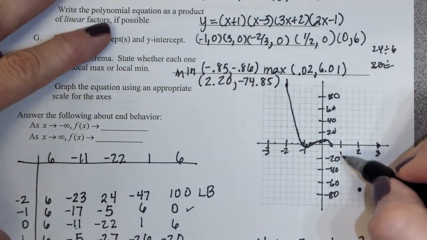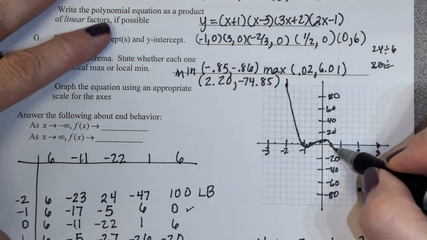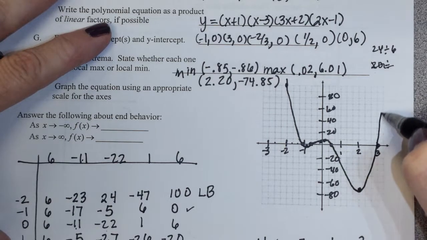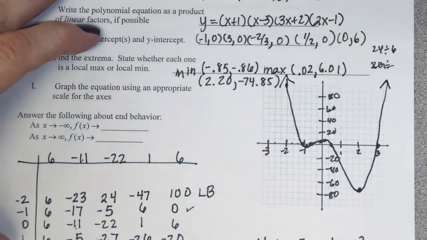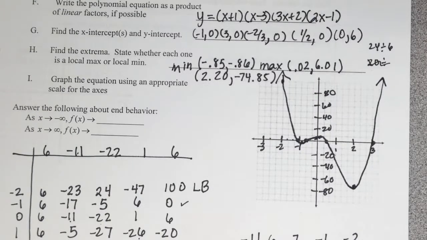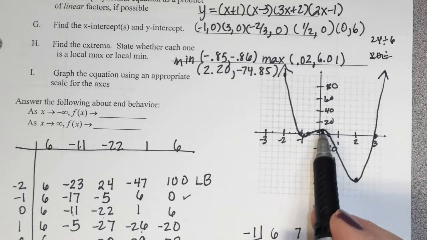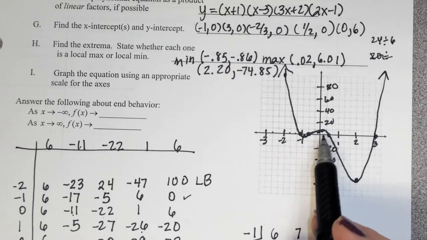What's 1? 1 is negative 20. Go through that point, come back up, and there we go. And that would be a good graph that I would expect to see. So I had to hit this minimum, this maximum, the y-intercept, and all those zeros that are in there.